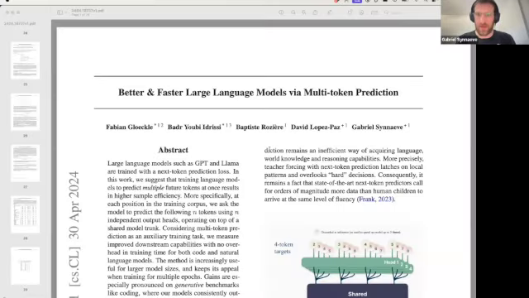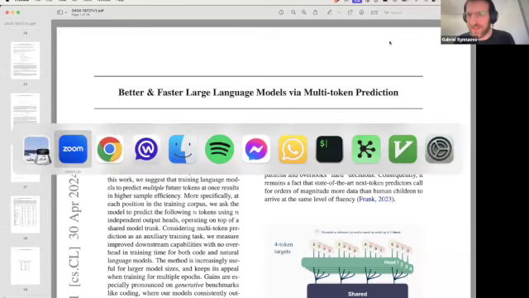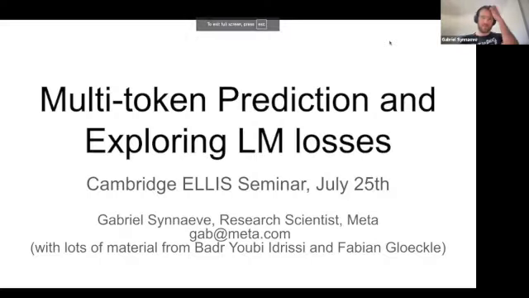Great, thanks for the intro. Okay, so I'm going to eventually be talking about this paper, but there's a bit of a preamble before that. So I'm going to be talking about multi-token prediction and also what I think are interesting research directions in language modeling losses, and also in MTP.